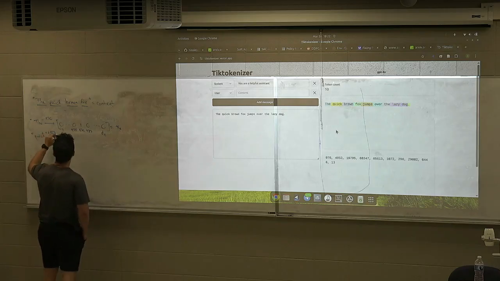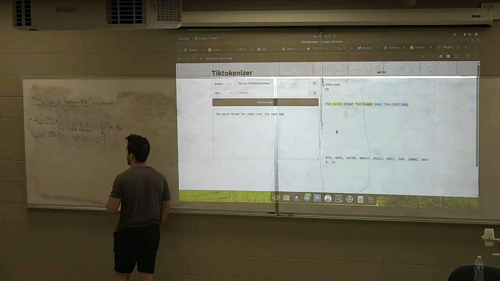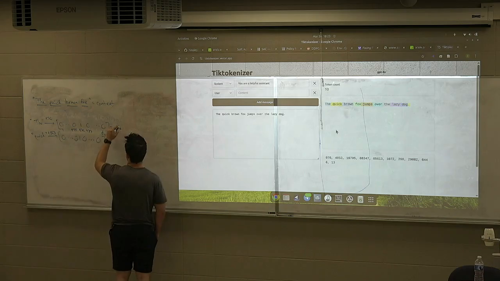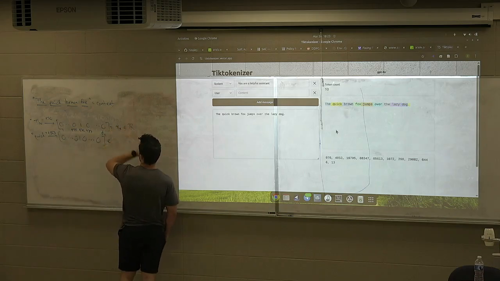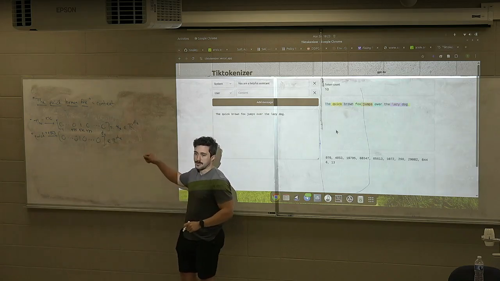And that'll be another row vector, and this will also be in R^(d_T). The main thing to understand is the sizes of the vector spaces for all this stuff.